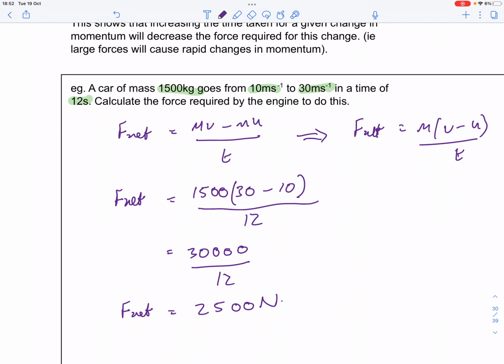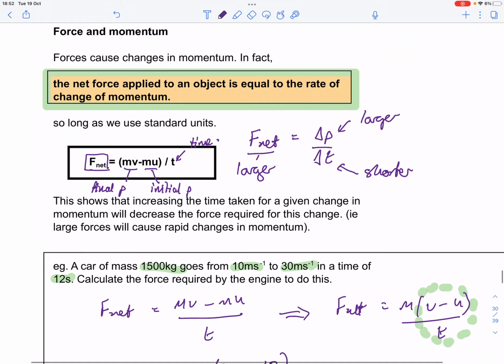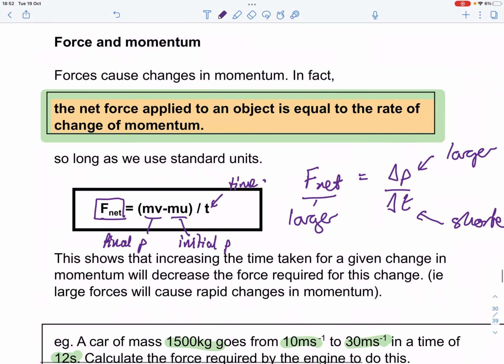So we can replace this part of the equation, v minus u over t, with a, and that simplifies to F equals ma. And that shows us that this equation is actually the same equation as the one we previously had for Newton's second law. So just to recap, we have the relationship between force and change in momentum, where the net force on the object, the resultant force, is equal to the rate of change of its momentum. F net is equal to mv minus mu divided by t.